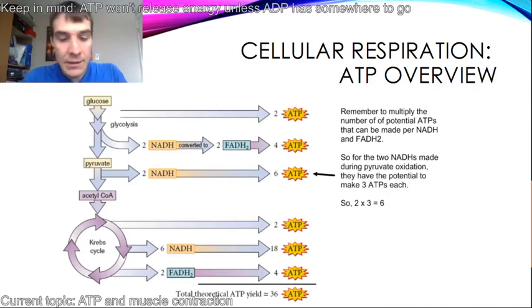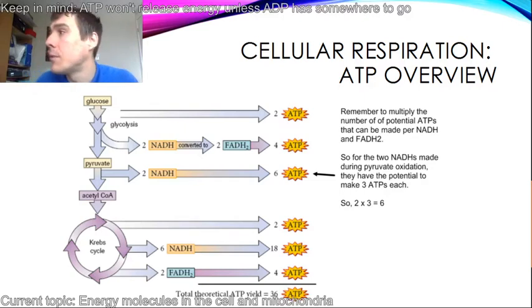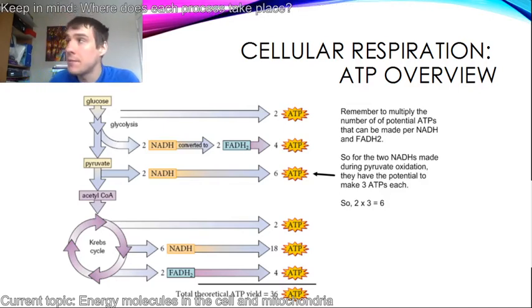The current topic is now going to be energy molecules in the cell and mitochondria. All right, those important energy molecules. And what we want to keep in mind is, where does each process take place? That's our keep in mind. Where does each process take place?